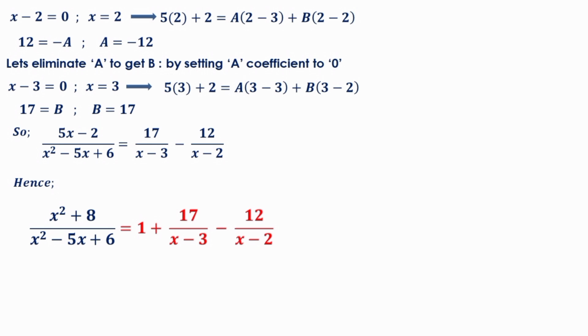If you check from the options given in the question, that falls under option C, which is our final and correct answer: 1 plus 17 over x minus 3 minus 12 over x minus 2.